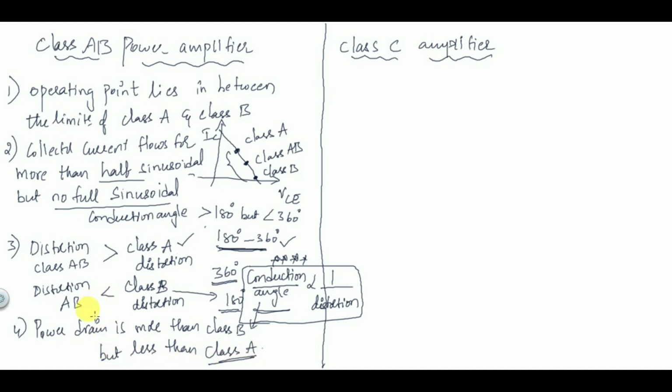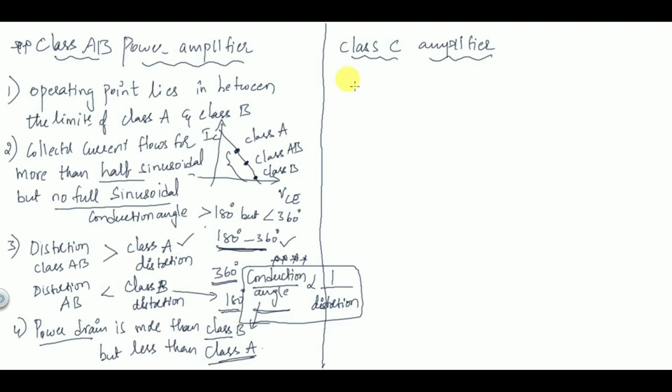It flows in class B and class AB power amplifiers also, but in class AB it is more when compared to class B and less when compared to class A. These are the important points which you have to remember for class AB power amplifier.